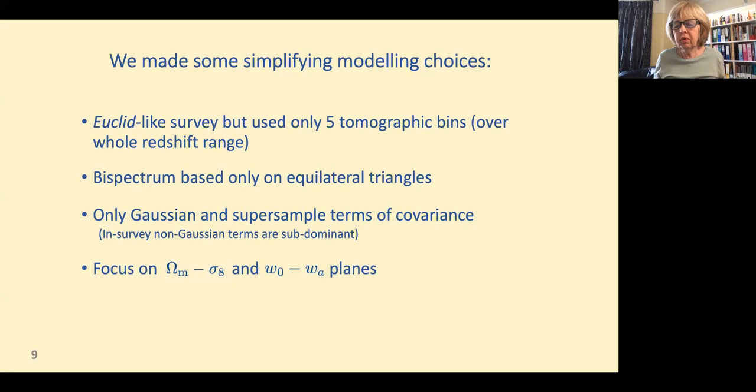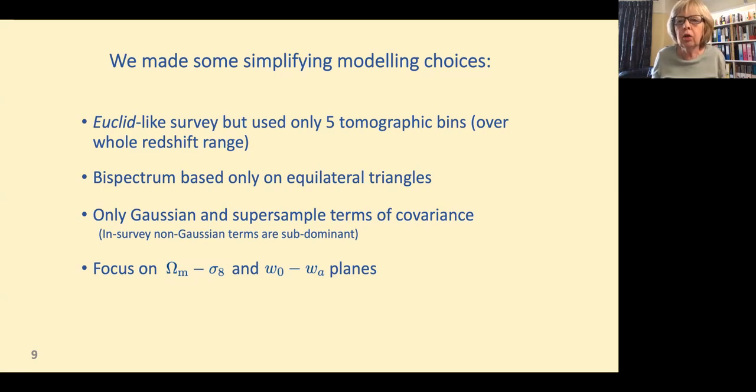Throughout, we assumed a Euclid-like survey in all respects, but we chose to use only 5 tomographic bins. That's probably an unnecessary simplification in practice for something like Euclid, where you could use 10 or even 20 bins when measuring the power spectrum.